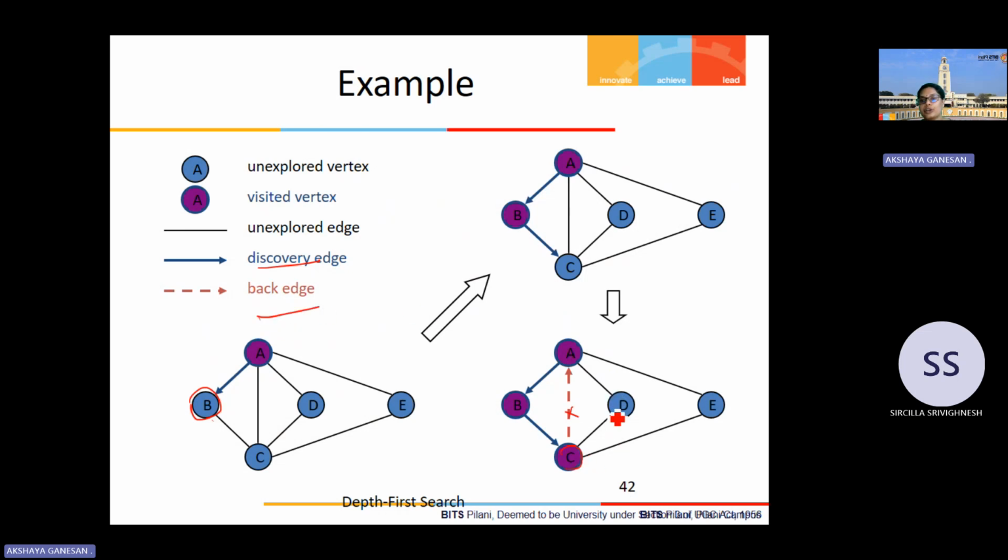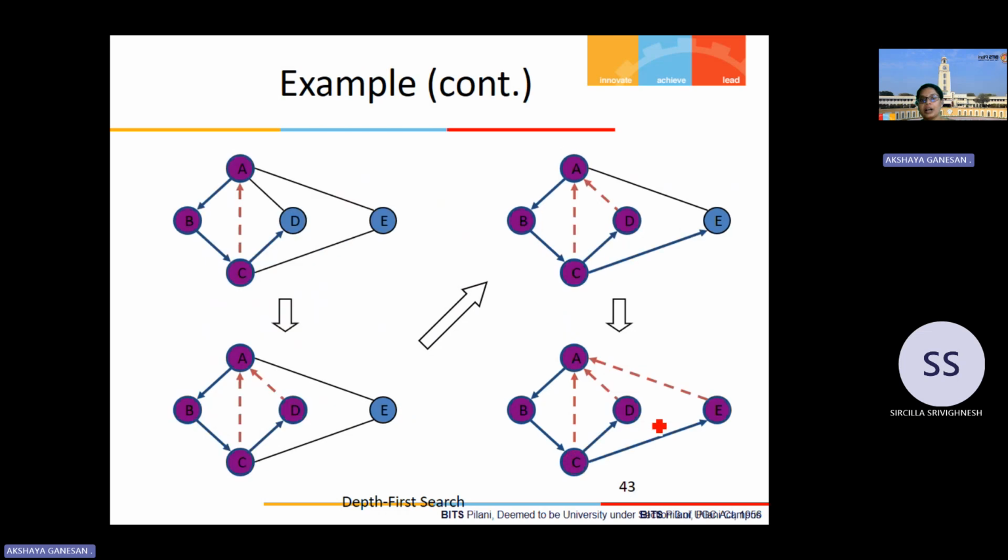And then from C, I go to D or E. So I go to D, I make this as a discovery edge. So I see whether any other options are there. No, I can go to A, but it is already visited. So this becomes a back edge. Then I come back to C. Then I see are there other nodes which I can go.